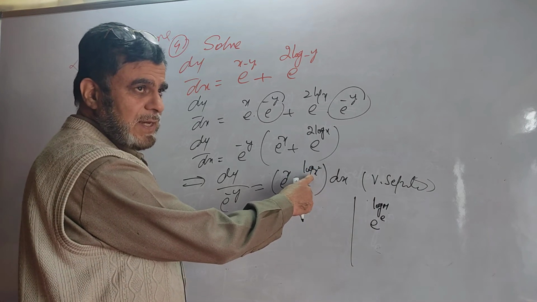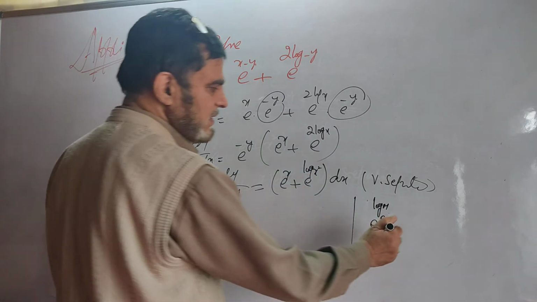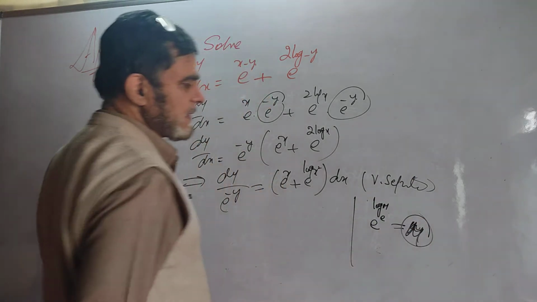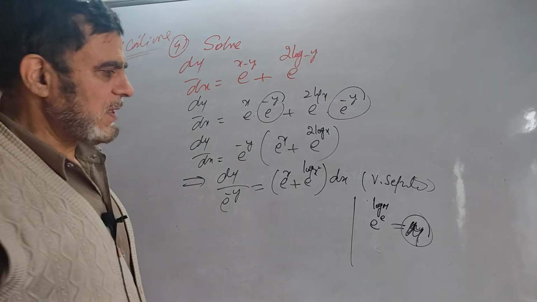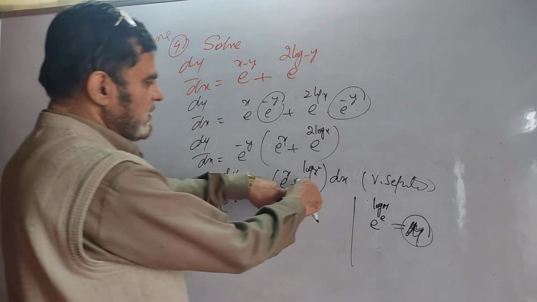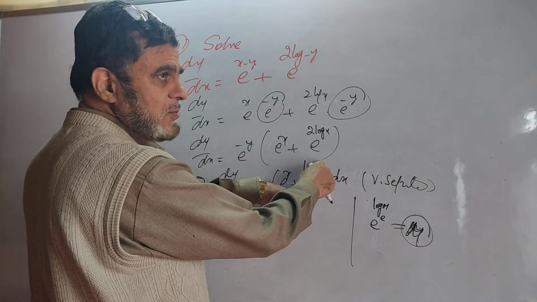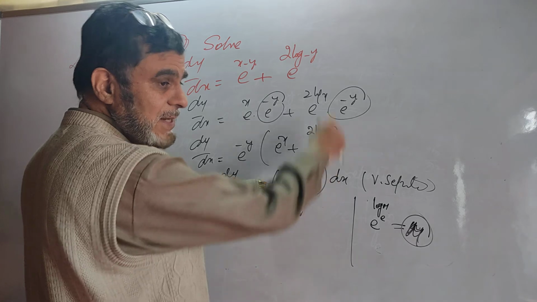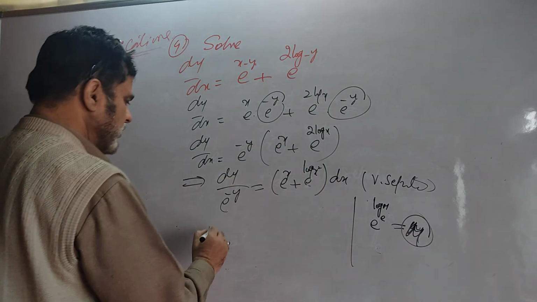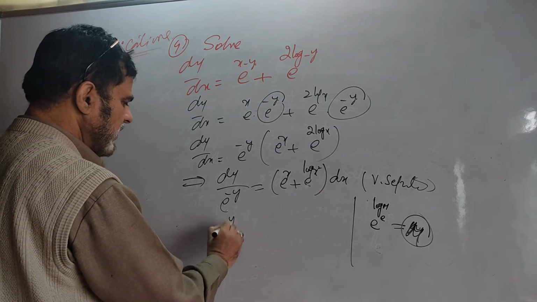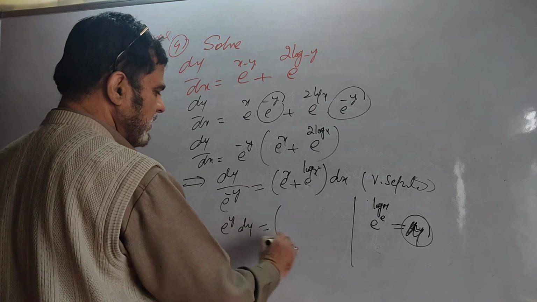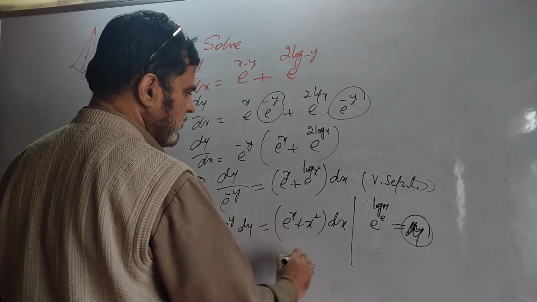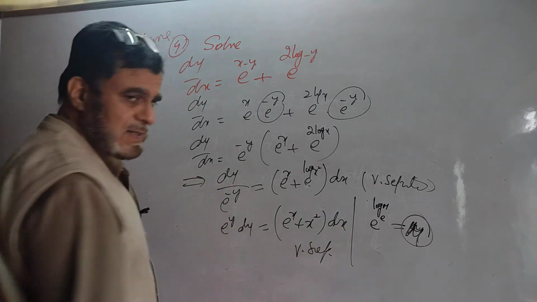The log has its own base e. When it is like this, it is simply m. We are using this formula frequently. So this is actually e raised to log x square to the base e, because log has its own base e. It is e raised to power something, so it is x square. So this is your e raised to power y dy is equal to e raised to power x plus x square simply dx. So variables got separated, so you can easily integrate now.